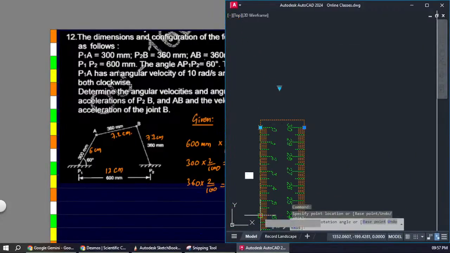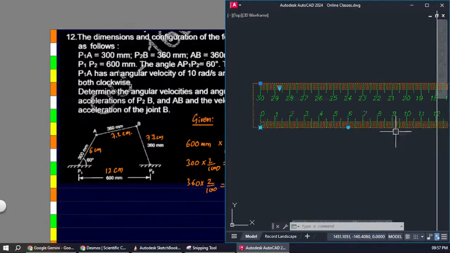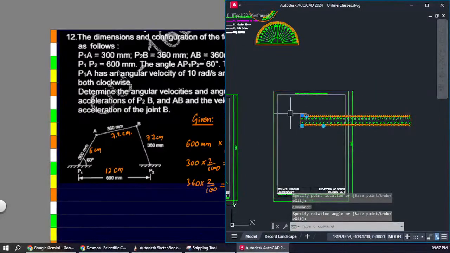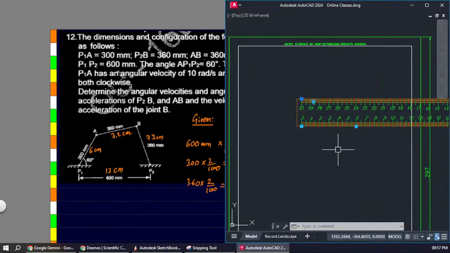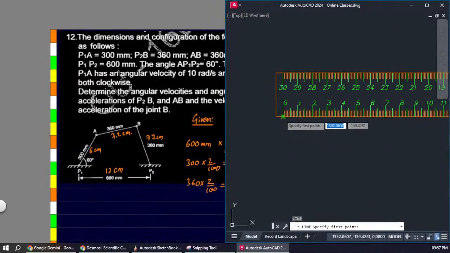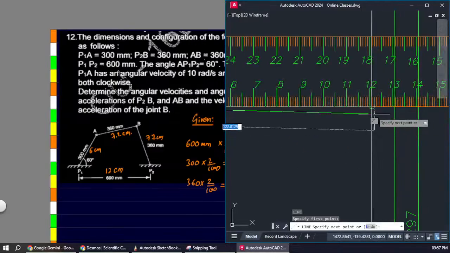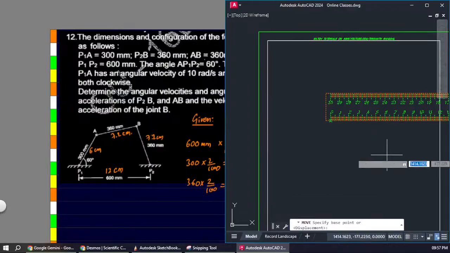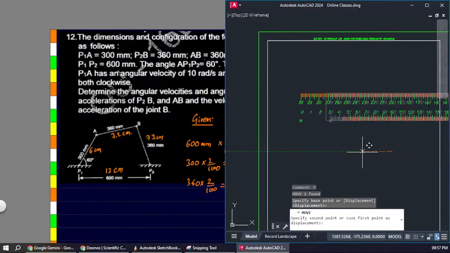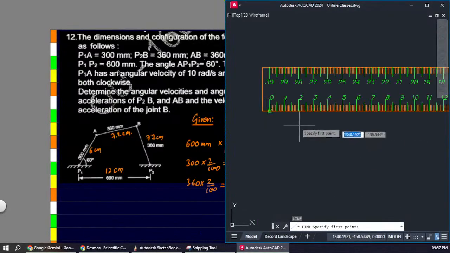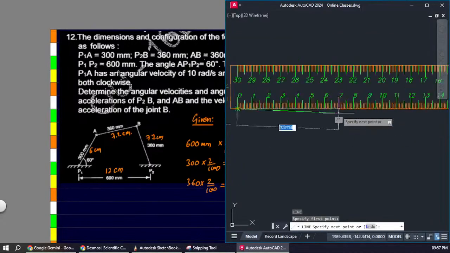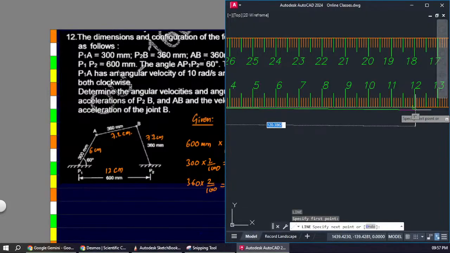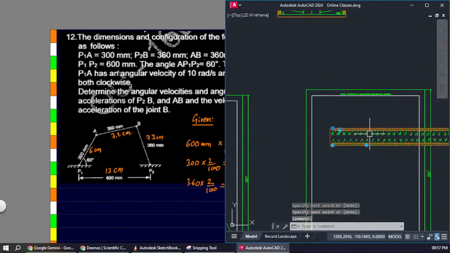Once you have taken this, keep it horizontal. You can take parallel to one of these sides, and then the first line we will have to draw as 12 centimeters. From this, let's take it as 12 centimeters. That's going way beyond, so let's take it somewhere in the center. From the start point we'll have to take a length of 12 centimeters.